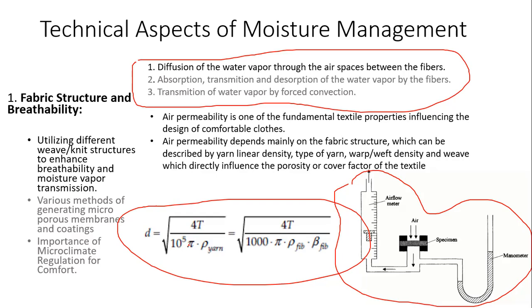Because I know that if I get a fabric of that quality, I can achieve this level of air permeability. So that is the importance of getting into models. This is something that we can look into in the textile industry.